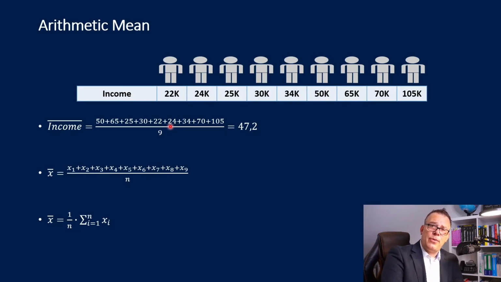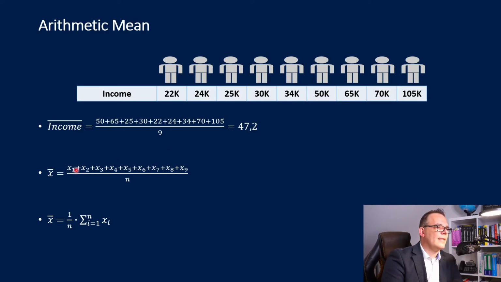If we want to put that into a formula, we can use, well, a bit more advanced variables. So we have the arithmetic mean of the variable x that is given as x1, x2, x3, which are the observations. So x1 is 22,000, x2 is 24,000, x3 is 25,000.